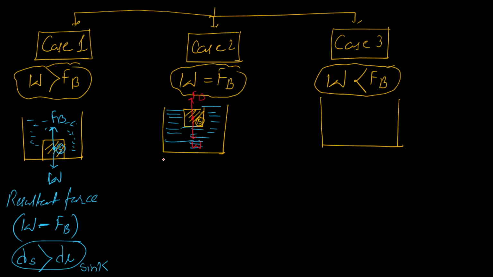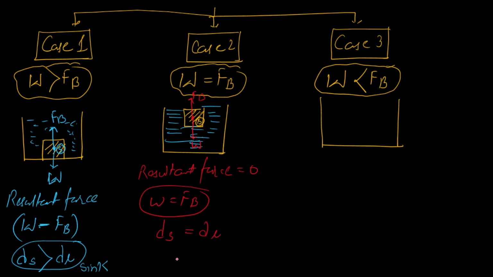But here the resultant force is 0, because W and FB are equal to each other. So in that situation, the density of the solid is equal to the density of the liquid, and in that condition, the block is going to float.